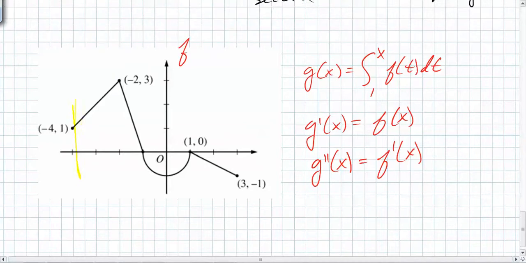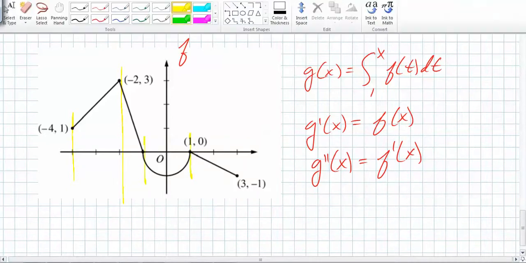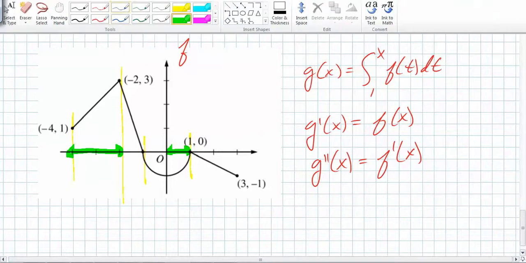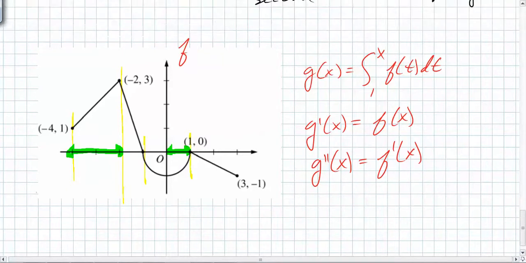So let's look at this in these regions here. From here to there, and I'll try to make better lines here, it seems where the slopes change. On the first region, and it changes right there as well. On the green regions, what can you say about f prime? f prime of x looks like it's going to be positive there and positive there.